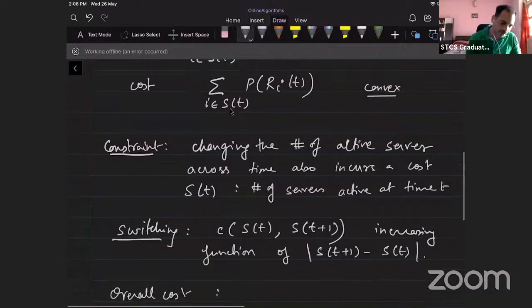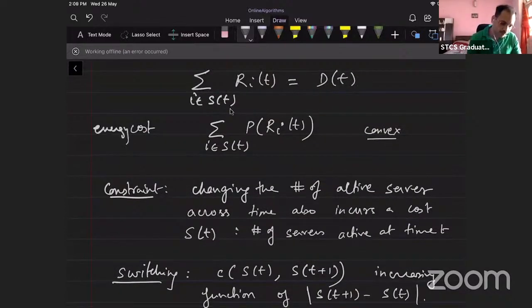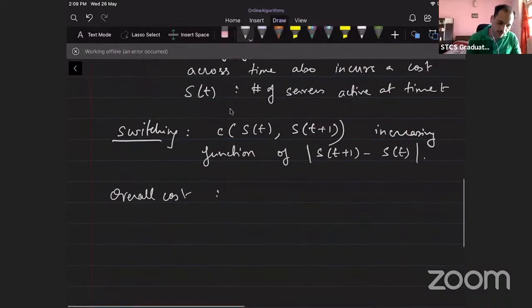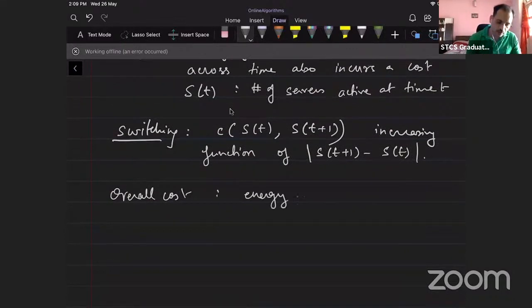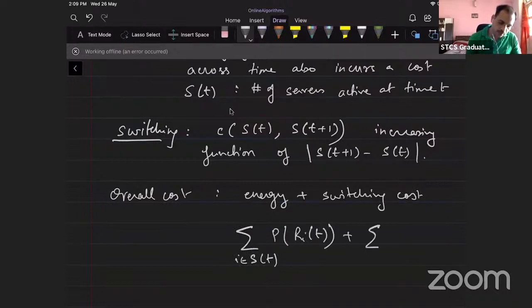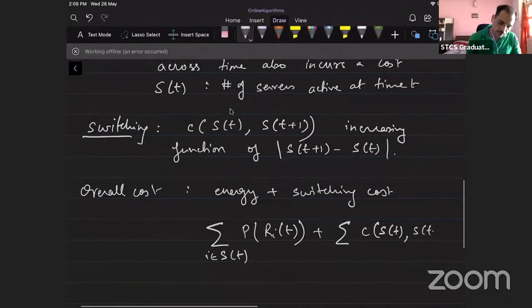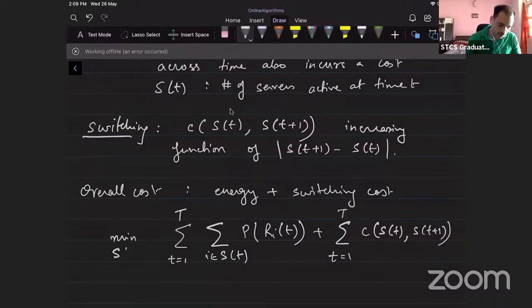One is the energy cost, or the power cost, plus the switching cost. So in the long form, it is the sum over i belonging to S of t of P of Ri of t, plus the summation of C of S of t comma S of t plus 1. So this is summed over time also, t equal to 1 to capital T. You want to minimize this with respect to choosing S of t.